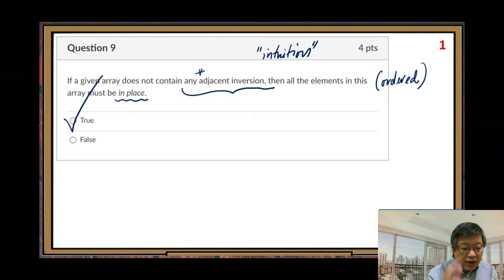The reason is this: adjacent inversion. First, we know the inversion, right? Definition of the inversion. Adjacent inversion, we can call local inversion.